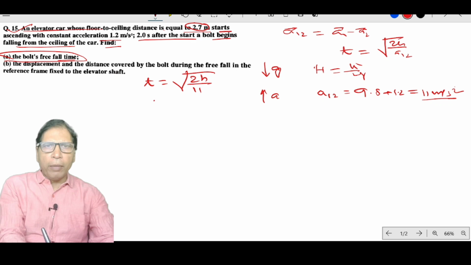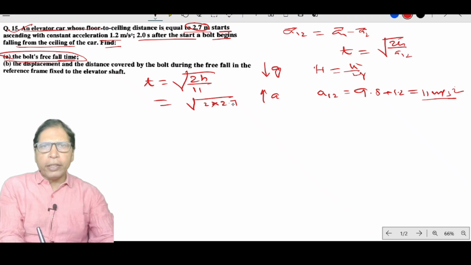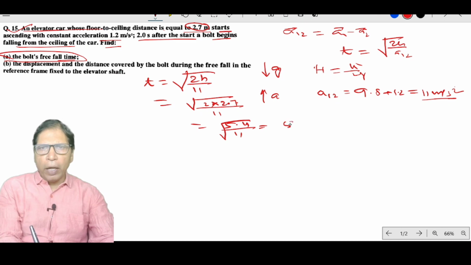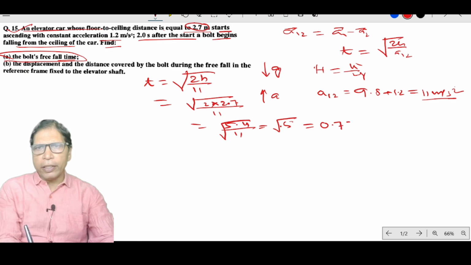Therefore, this is root of 2 into 2.7 divided by 11. Therefore, 5.4 divided by 11 under root. So this is almost 0.7 second.